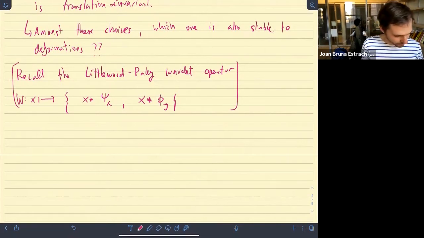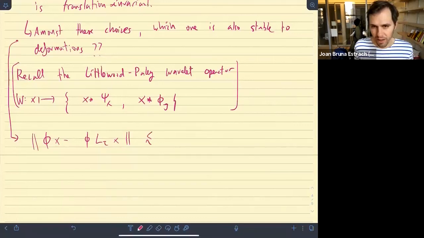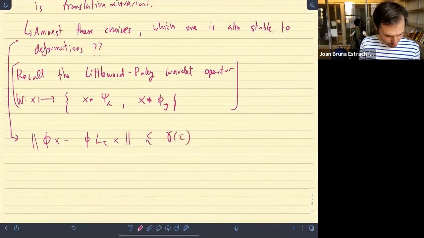Remember, we want to have the property that phi of X minus phi of the deformation of X is proportional, up to the norm of X, to some deformation constant. That's what we want.